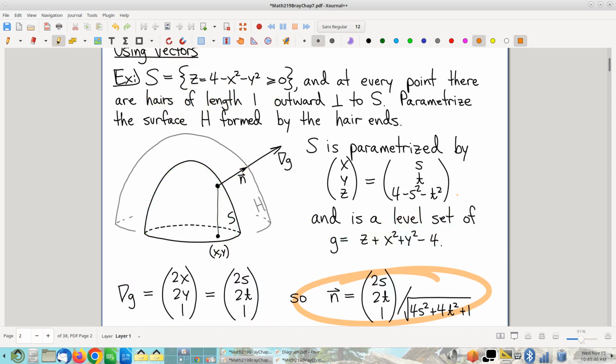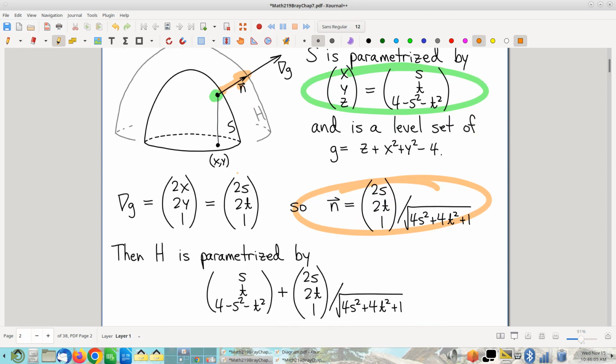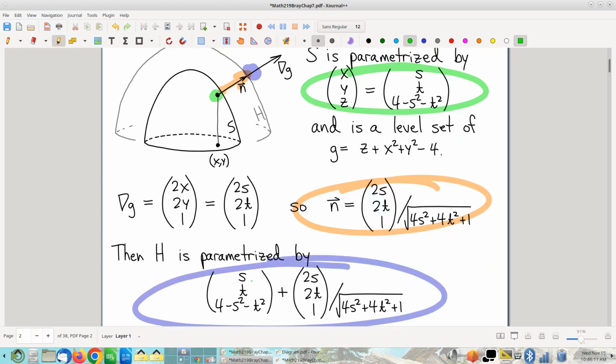We have a formula for position on S as a function of our two parameters. We have a formula now for our hair normal vector as a function of those same two parameters. And altogether, what we want, points on the surface H, are going to be just green plus orange.